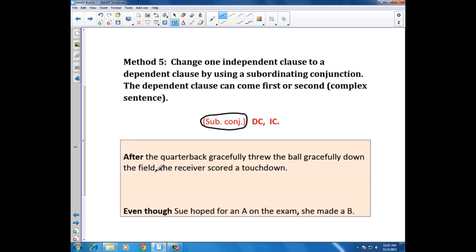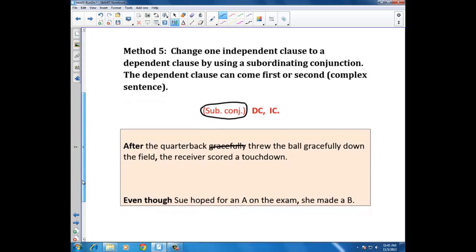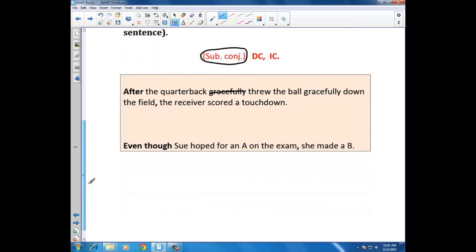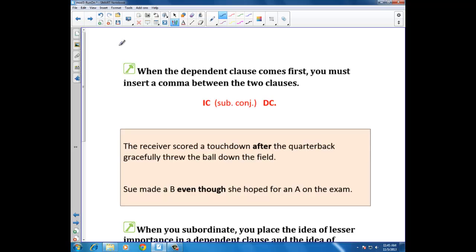After the quarterback gracefully threw the ball down the field, the receiver scored a touchdown. Even though Sue hoped for an A on the exam, she made a B. When the dependent clause comes first, you must insert a comma between the two clauses.